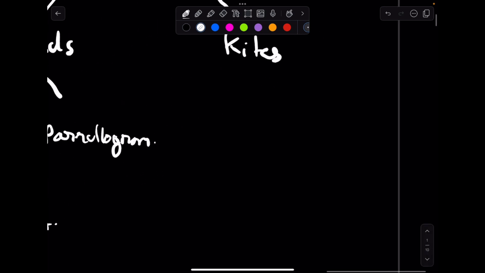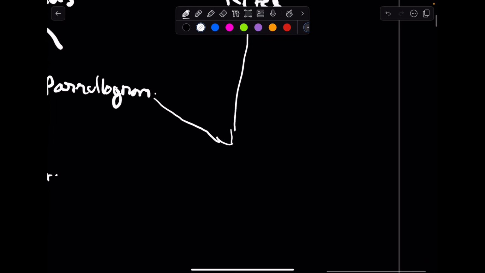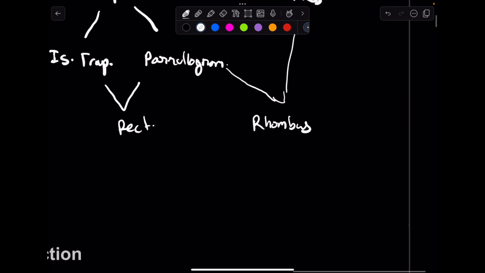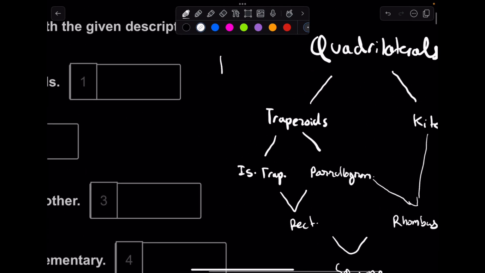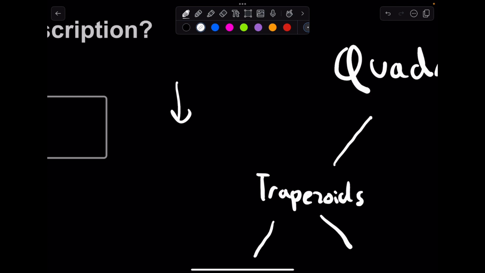While parallelogram and kites, these make something called a rhombus. Okay? And rectangle and rhombus makes a square. So when you're going down the tree, the properties get more specific.